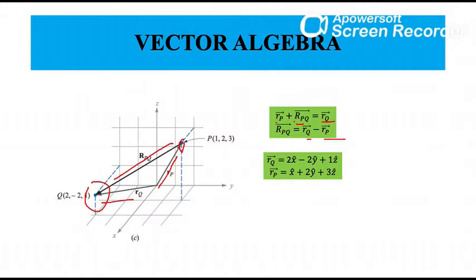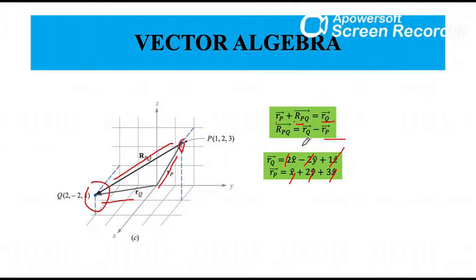The vector r_p can be represented, if you remember the last slide, as we represented the r vector using 3 components x, y, z, which was x into x hat, y into y hat, and z into z hat. Therefore r_p can be represented as 1 into x hat, 2 into y hat, and 3 into z hat. Similarly, r_q can be represented as 2x hat minus 2y hat plus 1z hat.